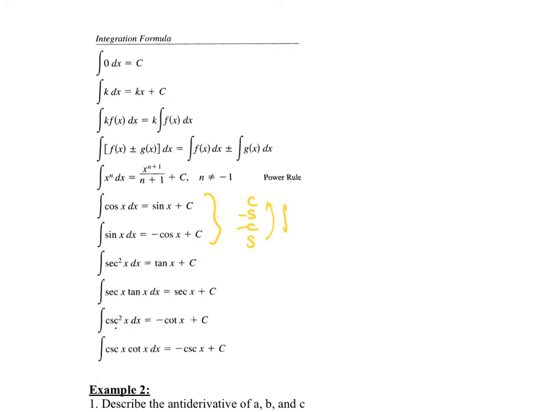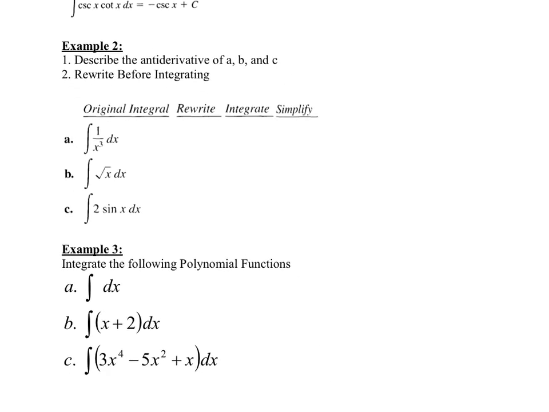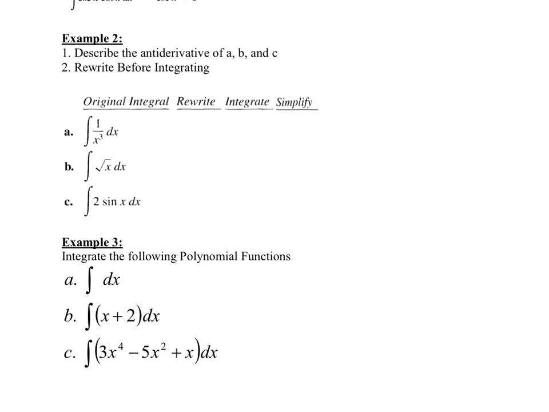All right. In example 2, it says to describe the antiderivative of A, B, and C, and then rewrite them before integrating. So if I look at, for example, part A, I would rewrite it as x to the negative 3 dx.